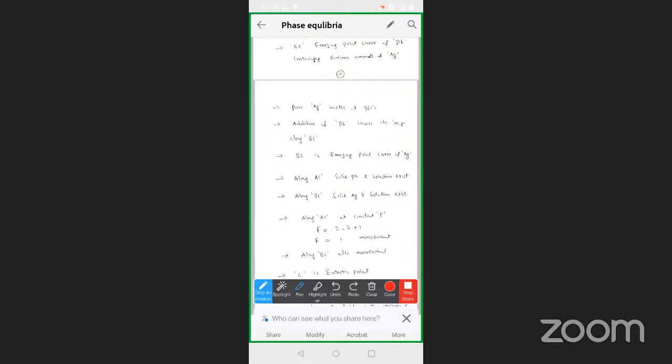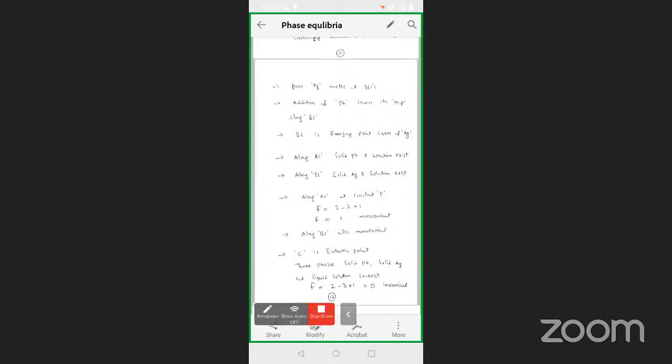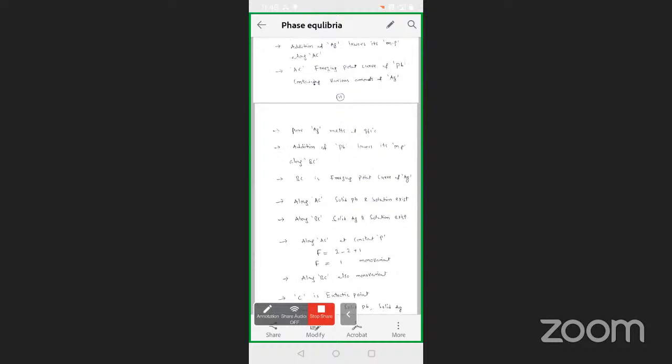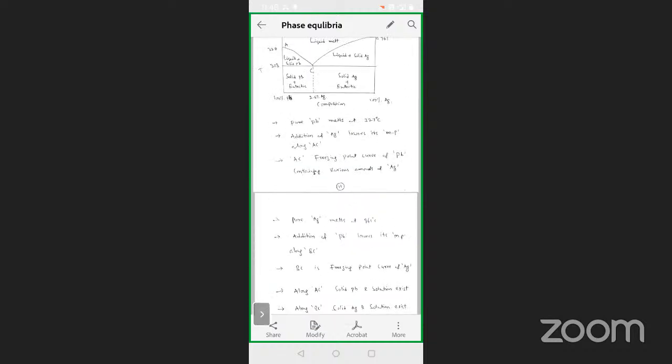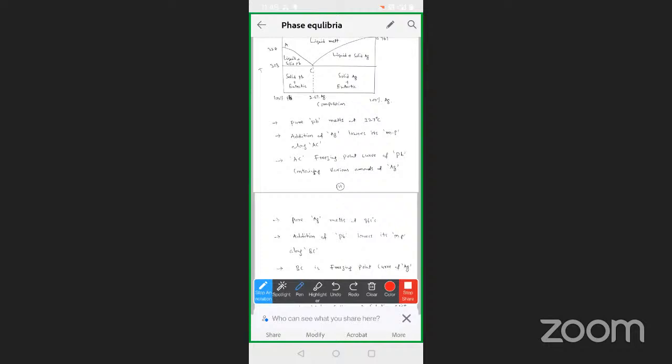Along BC also, we'll get monovariant. The C is called eutectic point. The composition of the eutectic point is 2.67% of silver, the remaining is lead.